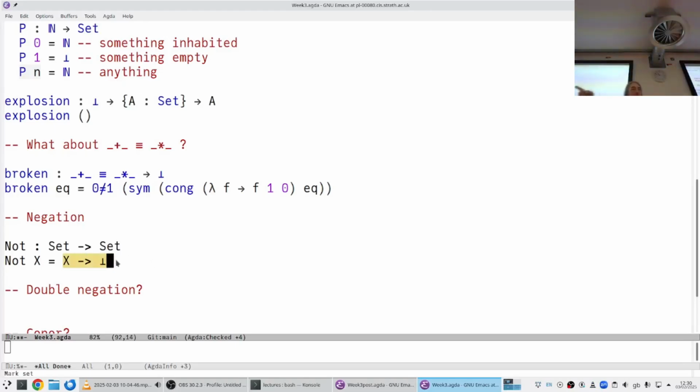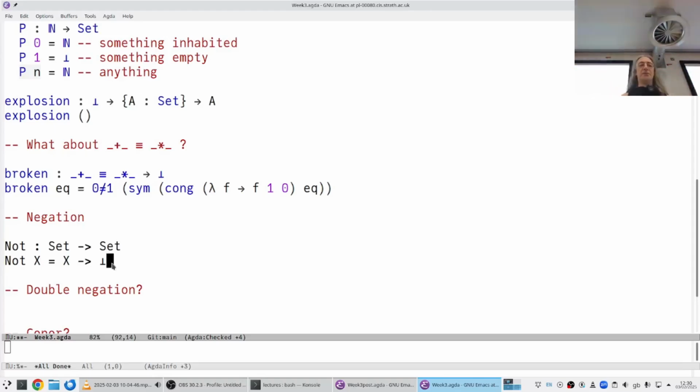As remember, in Agda, a function is a promise. So if I'm able to write this function from X to the empty type, there better be no such thing as an X. Otherwise, you could feed it in to my function, and my function wouldn't know what to do. So this is a reasonable way to encode what it is for X to be false. What we're really claiming is that X is an uninhabited type.